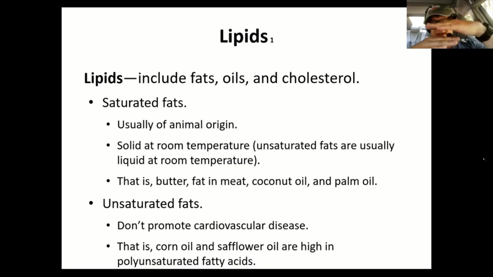That means we can pack them really close together, because saturated fats are straight, and that's why they tend to be solid at room temperature. Unsaturated fats are not saturated with hydrogen. They don't have all the hydrogen they could, so they have kinks, bends in that long chain. That means you can't pack them quite as close together, which is why they tend to be more liquid at room temperature.